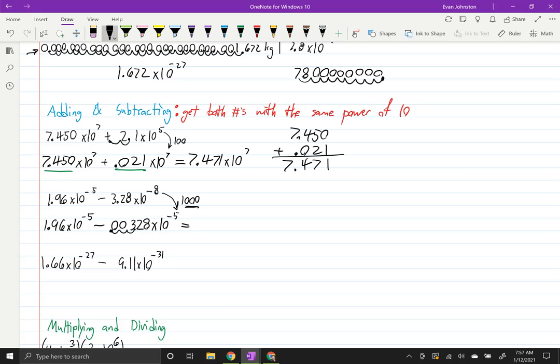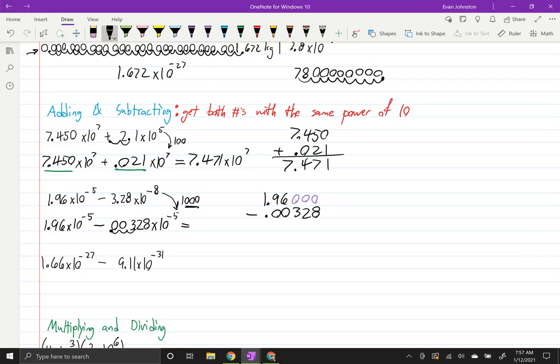Now, again, we have these in the same power of 10, so we can just go ahead and do some old school arithmetic. 9.6 minus 0.00328. And if you have a calculator, you could just do this on a calculator as well. I just want to show how this actually can be pretty simple and straightforward without a calculator if need be.